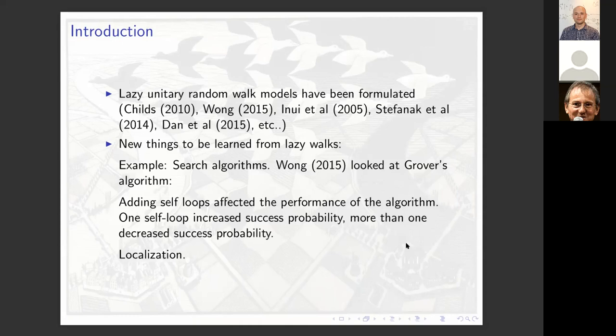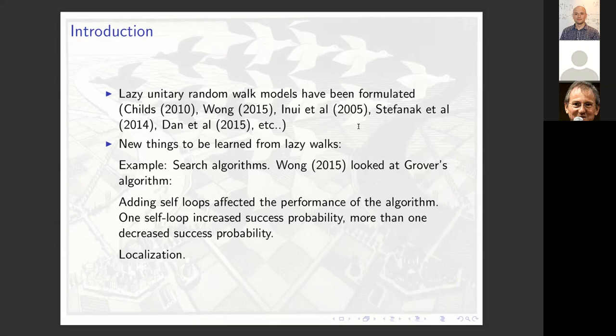Now, lazy unitary random walk models have been formulated, and I've cited some interesting papers of people that have worked on this. There's Childs in 2010, there's Wong in 2015, and other papers that follow. The main thing I'd like to get across in this slide is that there are some interesting things that can be learned by considering lazy walks.